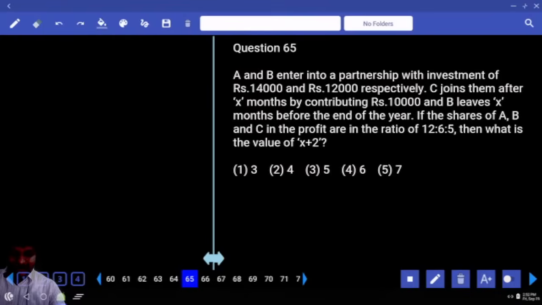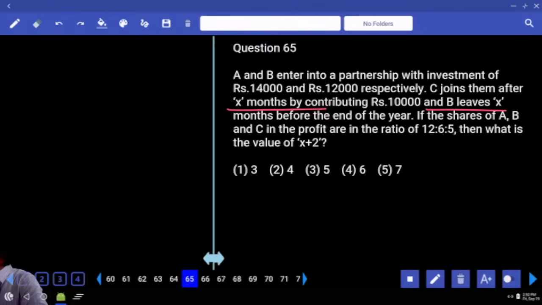X is related to B as well as C. And we know the total information: investment, time period, profit, for A. We need the X value.